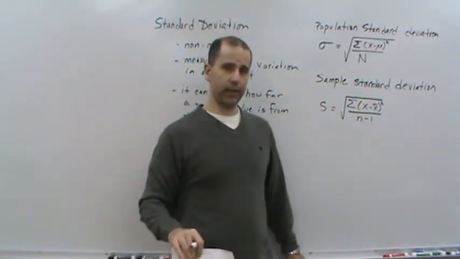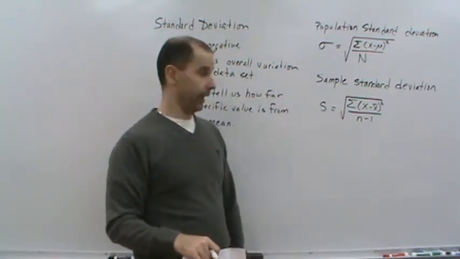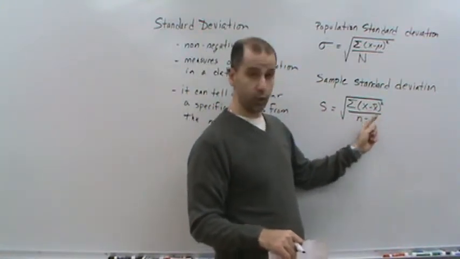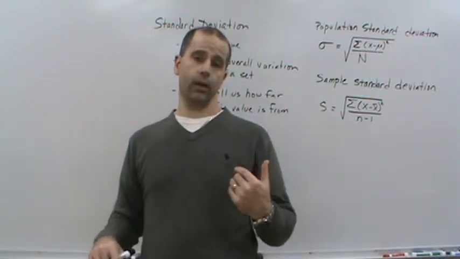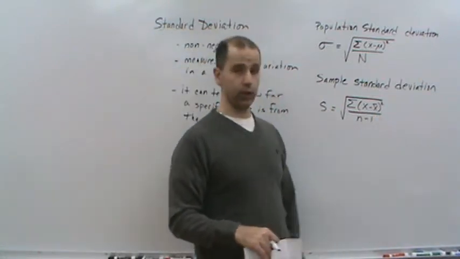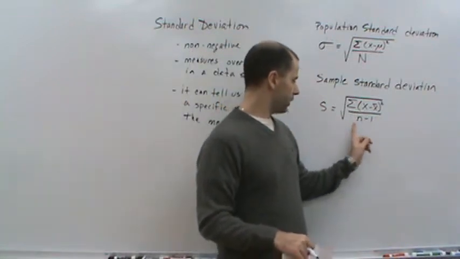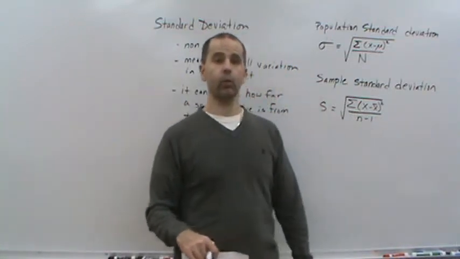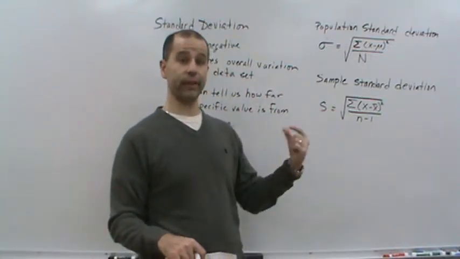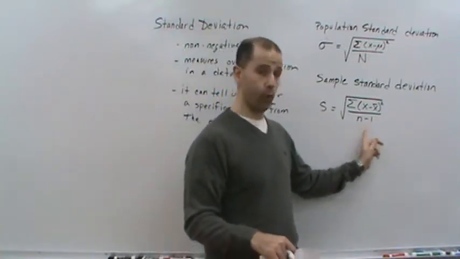So here's the formula for sample standard deviation, S. We take the square root, but notice in the middle here, instead of mu, we're using x bar, the sample mean. So that's one difference. We're going to use the sample mean instead of the population mean. The other thing is in the denominator, we're using the lowercase n for sample size instead of capital N for our population size, but we're also subtracting off 1.